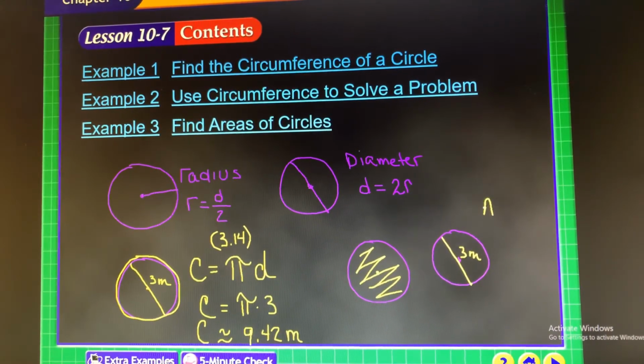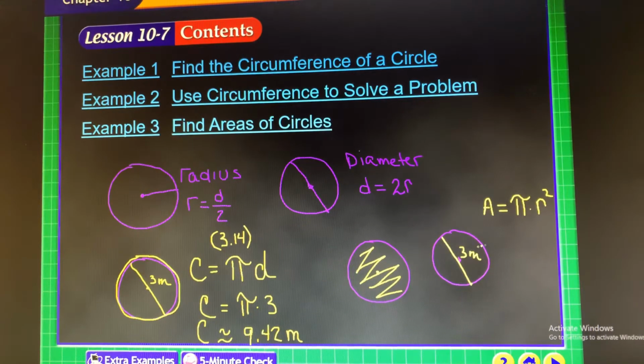Area is equal to pi times radius squared. That's the formula for area. We have the diameter. So how do I find the radius? Take half of that.